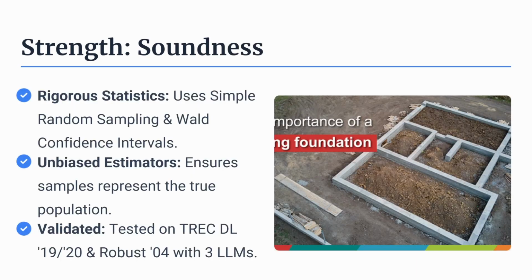And regarding soundness, the paper's statistical foundation is solid, employing simple random sampling and Wald confidence intervals, ensuring that the estimates are unbiased. The authors also validate its effectiveness on multiple TREC datasets.